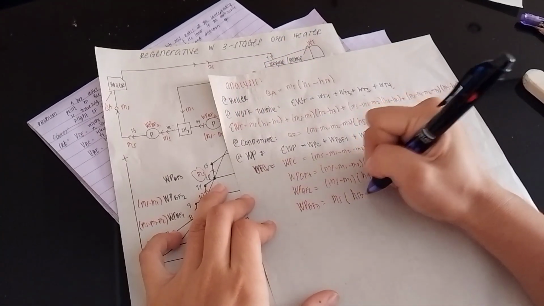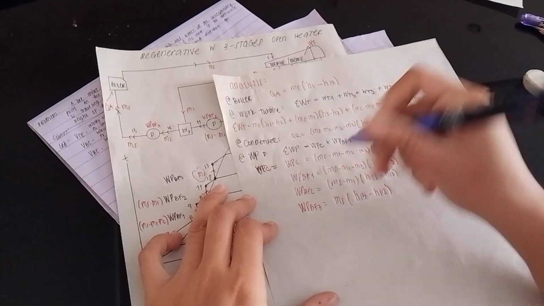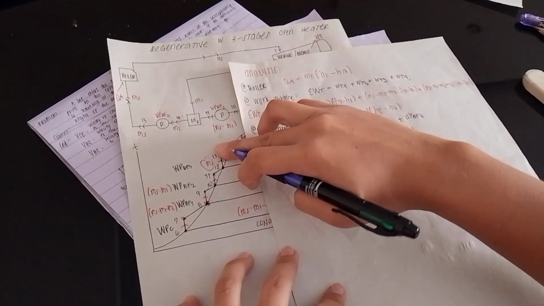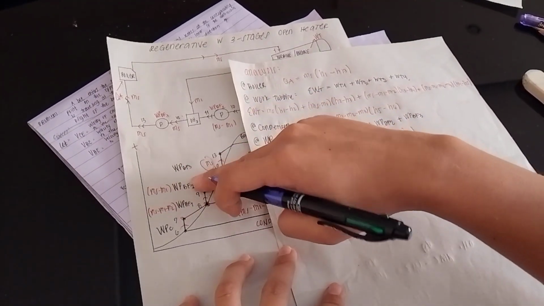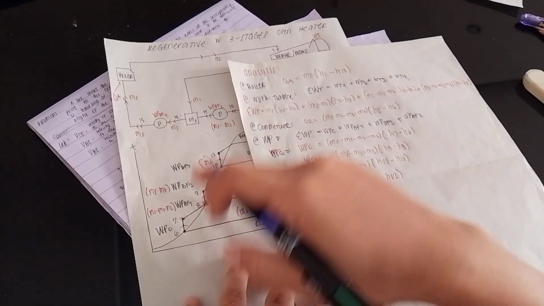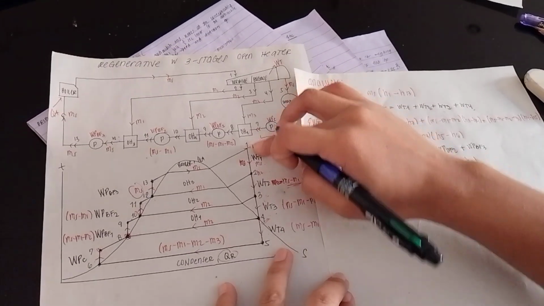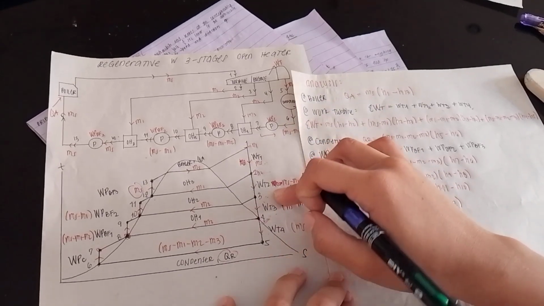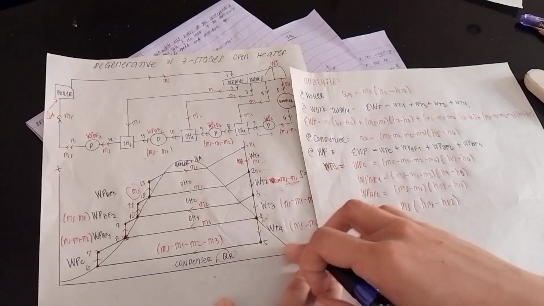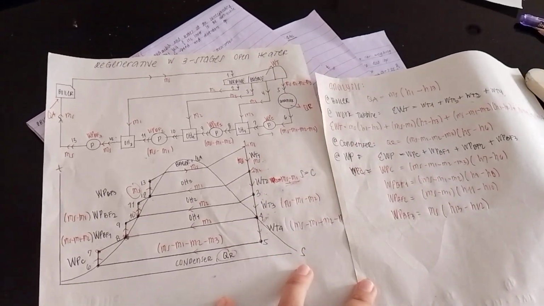So, H13 minus H12. So, mura na iyang pattern jud: taas minus ubos, taas minus ubos, tas i-times nimo siya sa iyang mass. Same as here, taas minus ubos, tas i-times sa iyang mass.